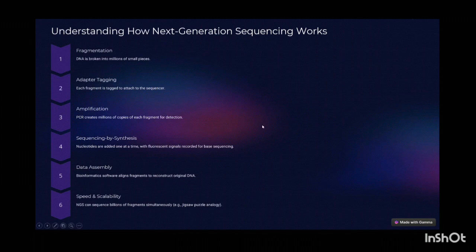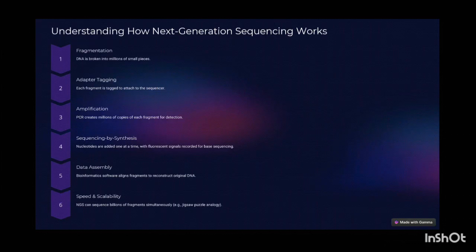As each person puts the piece in its place, the bigger picture becomes much clearer. NGS is similar: as each fragment is sequenced, bioinformatics software is used to align the fragments based on overlaps, which allows researchers to reconstruct the original DNA sequence.